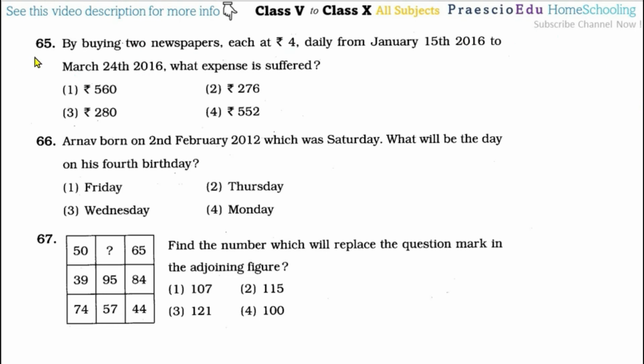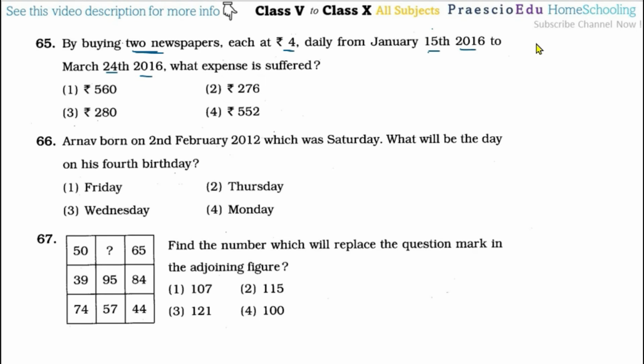Question number 65. By buying the two newspapers each at rupees 4 daily from January 15th, 2016 to March 24th, 2016, what expenses is suffered? So here, from 15th January the newspaper starts, which means up to the 14th January there is no newspaper.